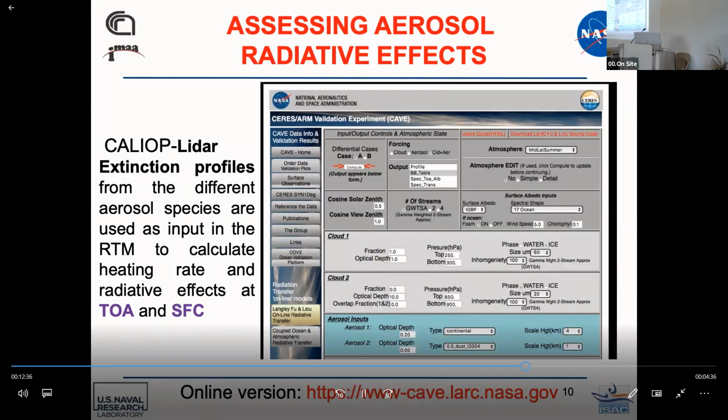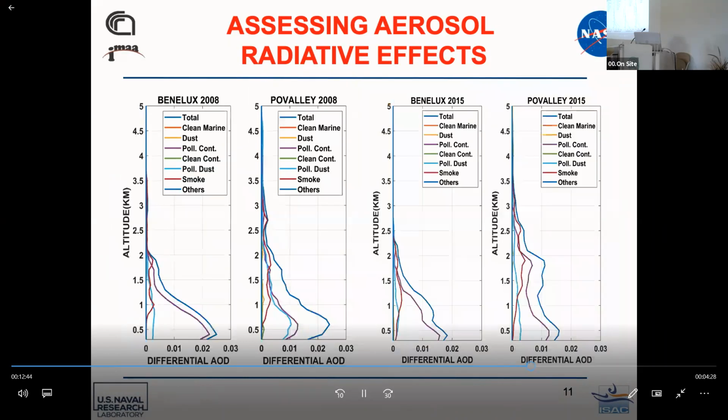There is a version of this radiative transfer model also online, on the NASA Langley website, and those are the different aerosol species taken into consideration for 2008 and 2015. So we are going to do this difference among them.